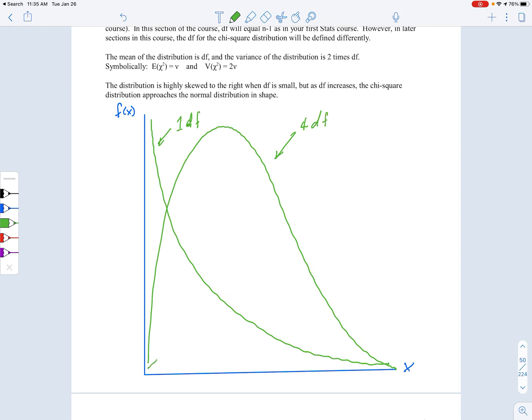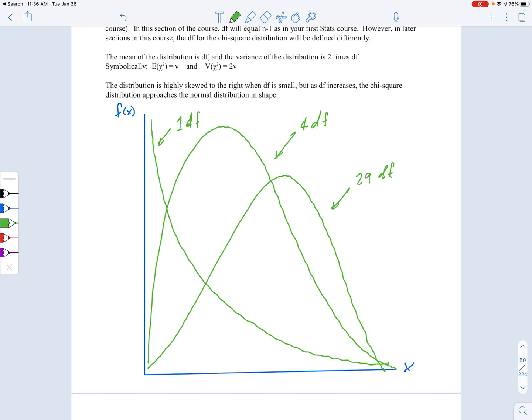By the time you get up to about an n of 30, you actually end up with something that is pretty normal looking. So this would be 29 degrees of freedom. And you can see that it's like a binomial distribution, that as your parameters increase, in this particular case our n for this unit, as our n increases, this starts to look more and more like a normal distribution. That was the same thing that we found with the t distribution, right?